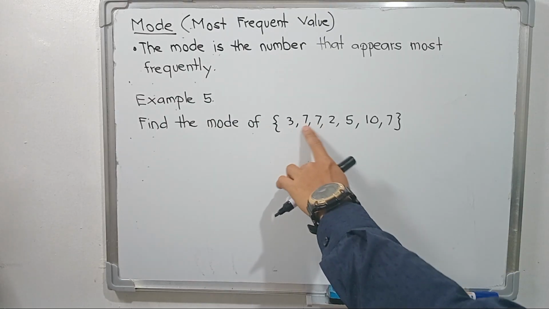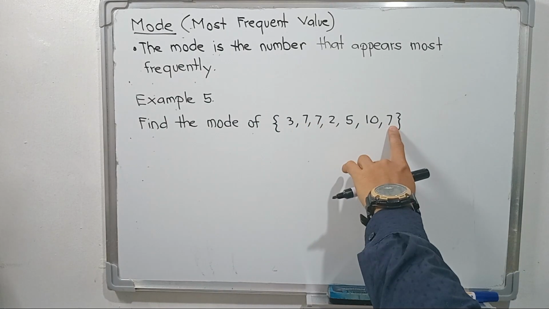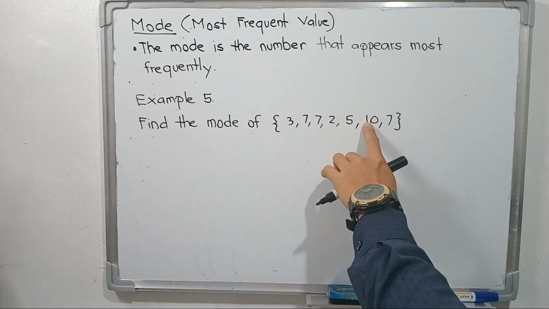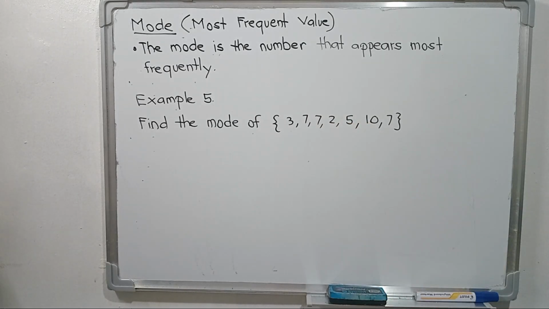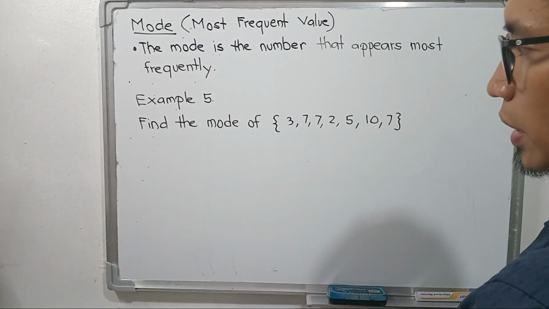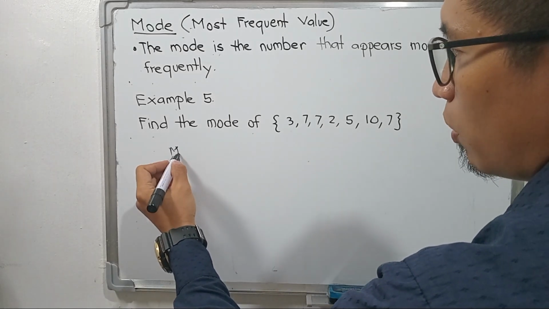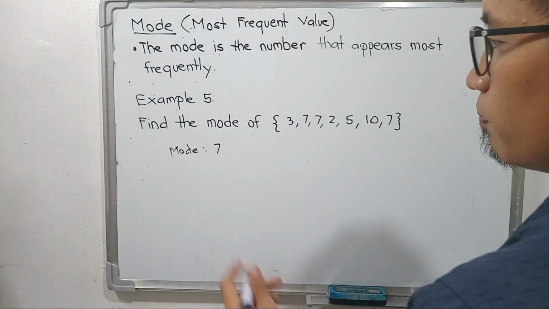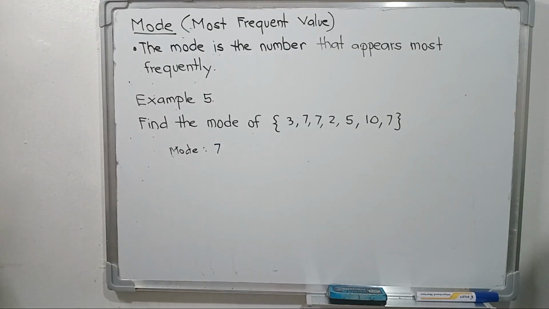Now 7, the number 7 appears 3 times, and then the numbers 2, 5, and 10 appear only once. So it means that in this particular example, our mode would be 7, because 7 appeared 3 times. The number 7 appeared most often.